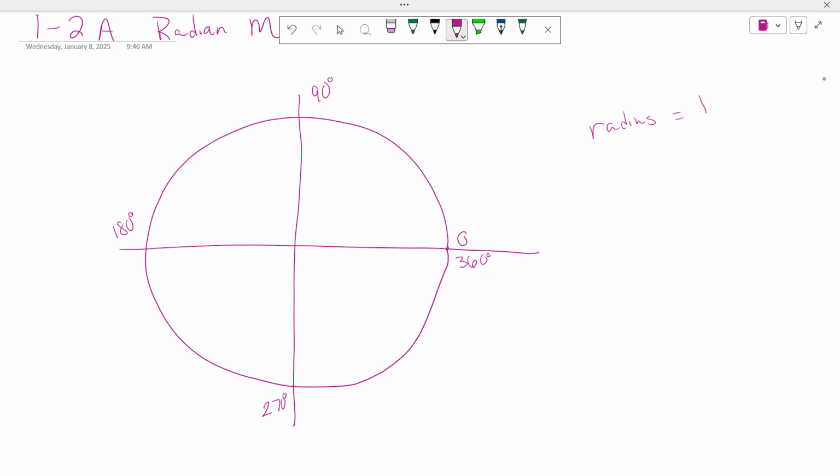If I take this distance, which is the radius of the circle, and go around the outside of the circle, 1 radian equals the same length of 1 radius of the circle.